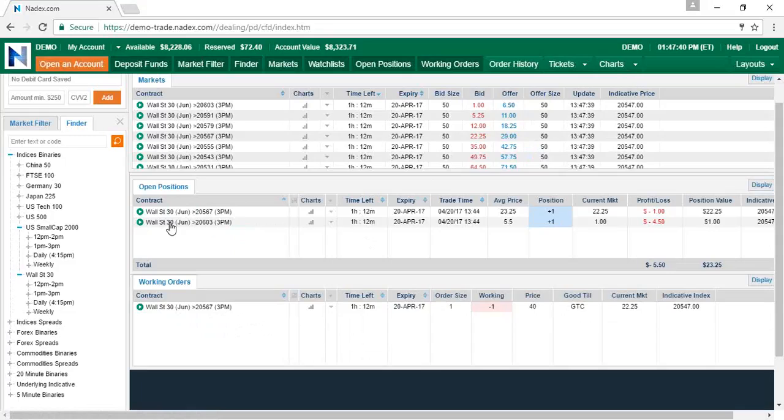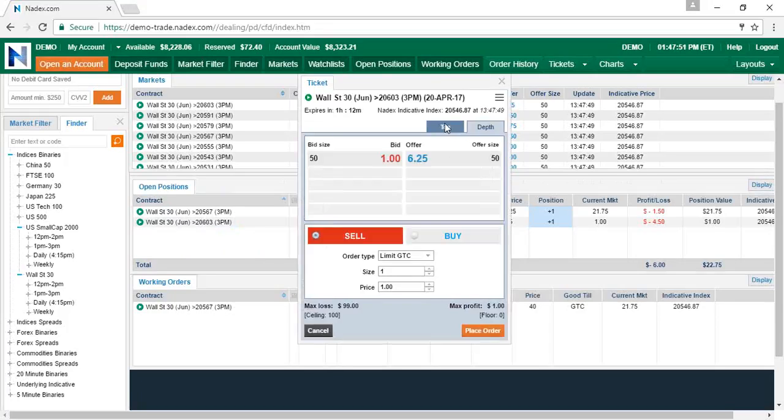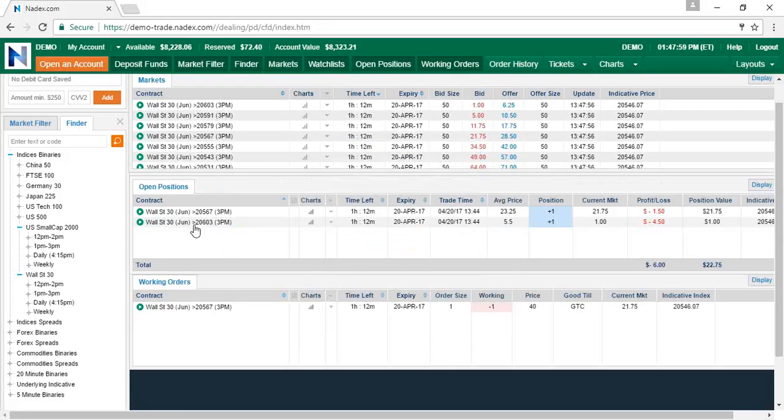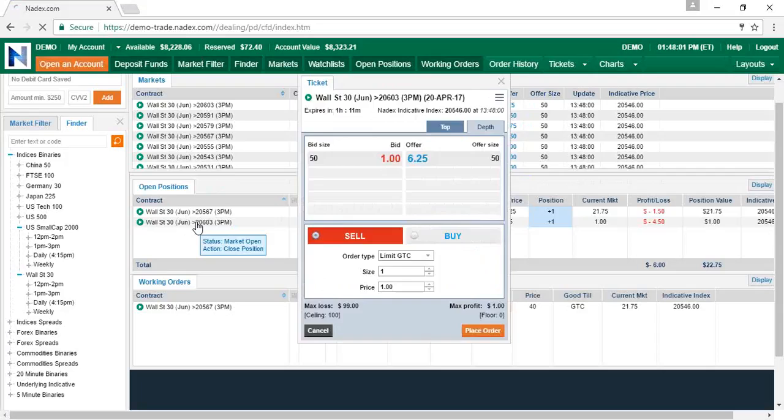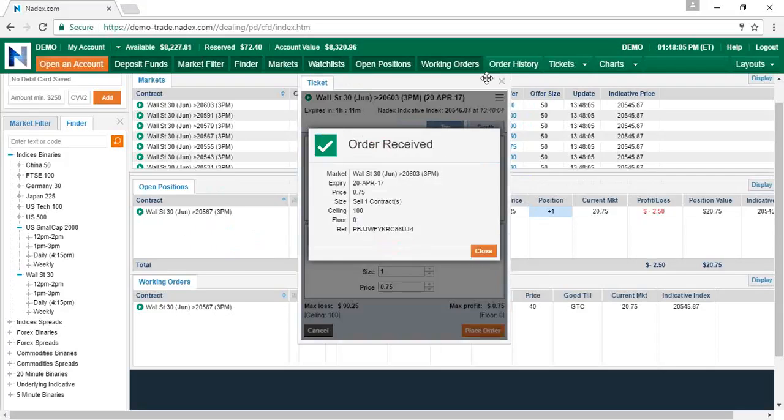Remember when I clicked on this order and it opened up the ticket, Bill? Well, any open ticket I have here, if I click it, it will open it. Remember how it opens it and it fills it in with the current price? Okay. So if I have an open order, if I have an order in there I want to get out of, I could open that ticket and just have it sell and get out of it.